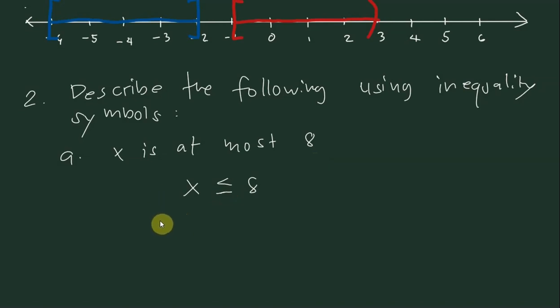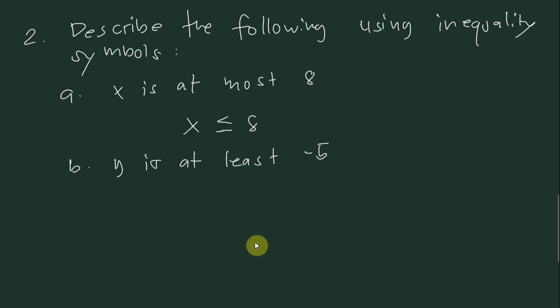For letter D, I have y is at least negative 5. At least negative 5 means that negative 5 is the smallest number in this particular range.